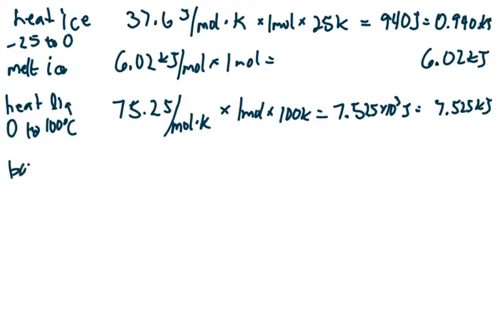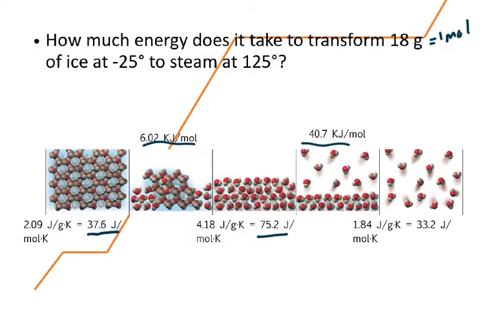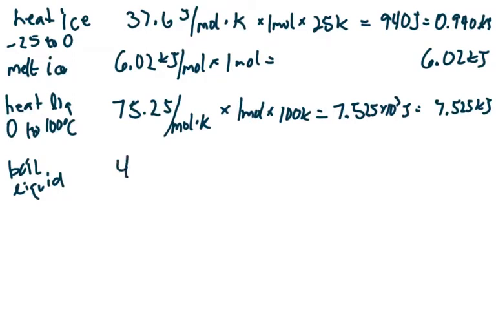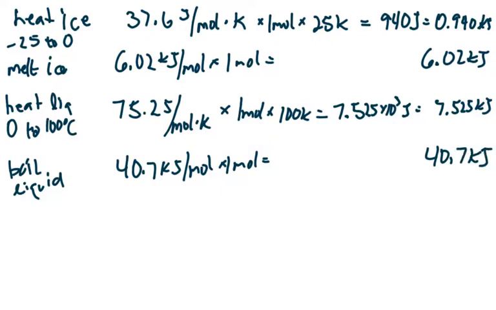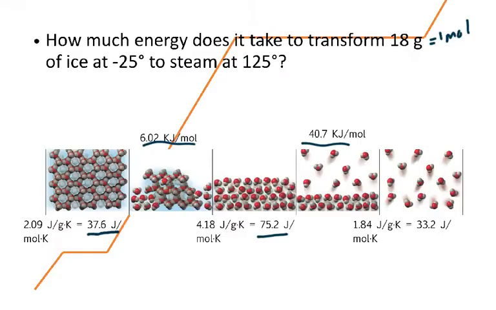Then we have to boil our liquid, which takes 40.7 kilojoules per mole. That gets me 40.7 kilojoules. And then we have to heat our steam from 100 to 125, to steam at 125.